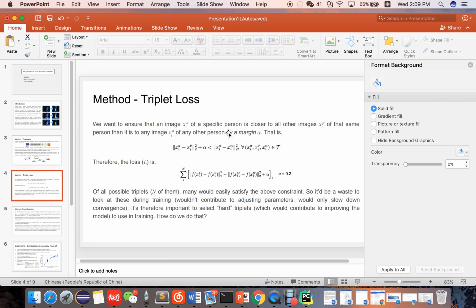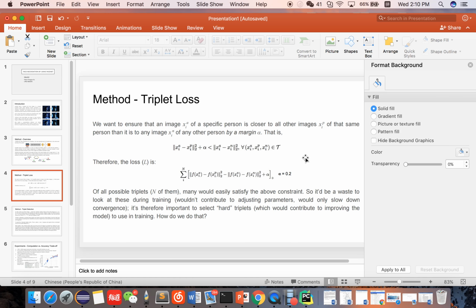Every image in our database must satisfy this formulation. We do some transformation to this formula and sum over all the images together. We get the triplet loss, and we need to minimize the triplet loss so we can get our result efficiently.